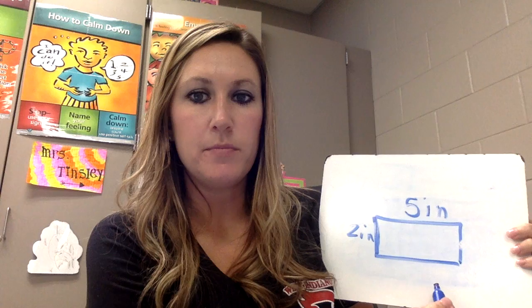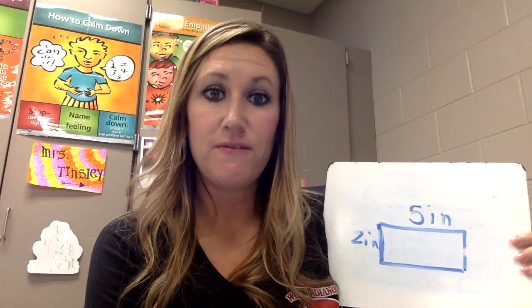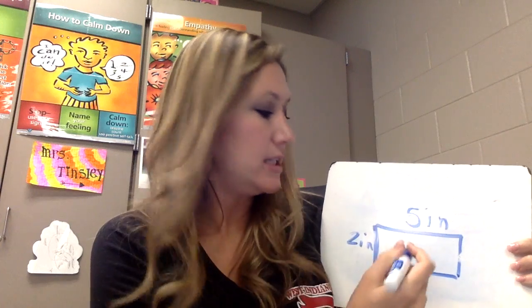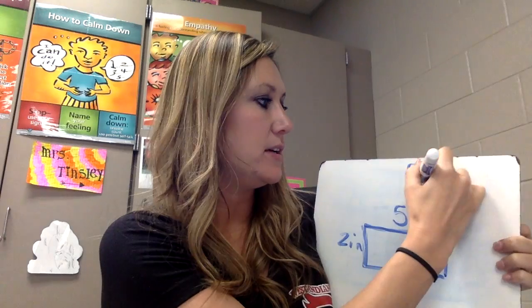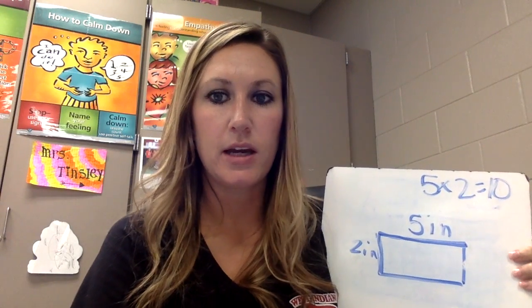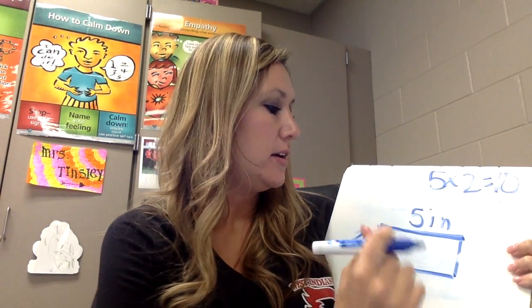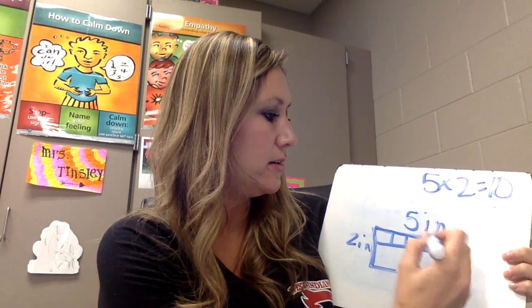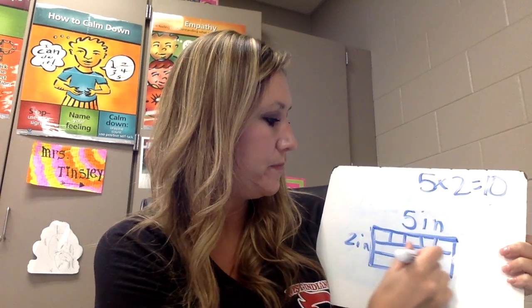So when you're given the top or the bottom, because they're both the same, and then one of the sides, all you need to do, if you didn't have squares in here, is multiply the length times the width, which is 5 times 2 equals 10. Okay, so the area of this rectangle is 10. And what that means is this 5 would tell me that there are 1, 2, 3, 4, 5 unit squares across in every row.